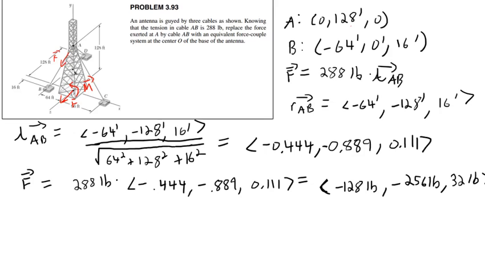And now, in order to find the moment generated by F about point O, I need the vector from O to A. R is just going to be ROA, and that's just going to be 0, comma, 128 feet, comma, 0.